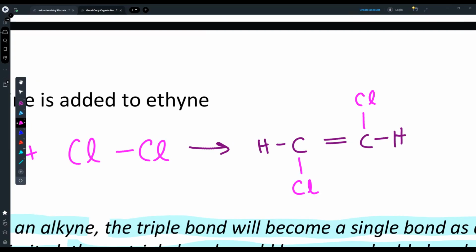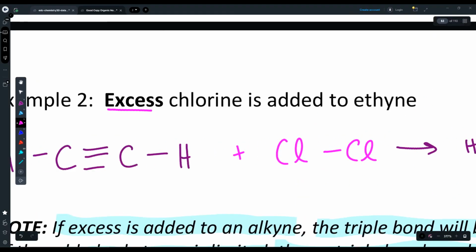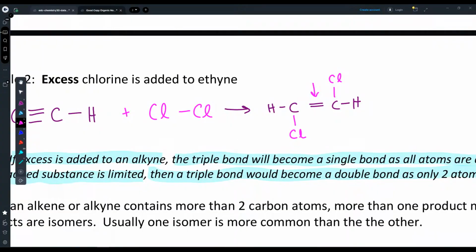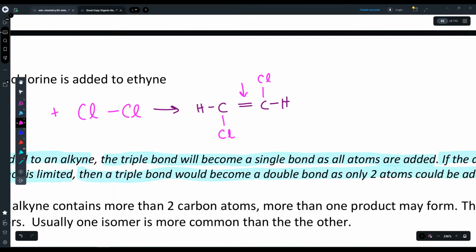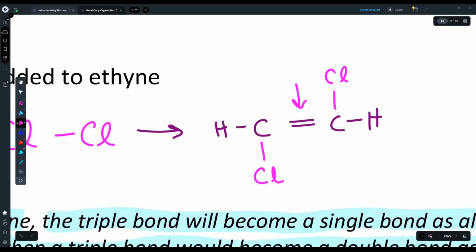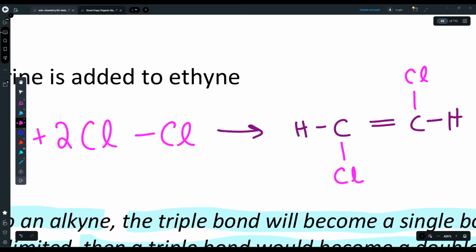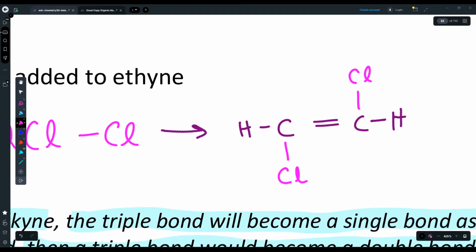But notice how we still have extra bonds and excess chlorine is added. Based off of our note, we need to make sure that the triple bond, when we have excess, becomes a single bond. So essentially, we've got to keep on adding chlorines. Let's add another molecule of chlorine.